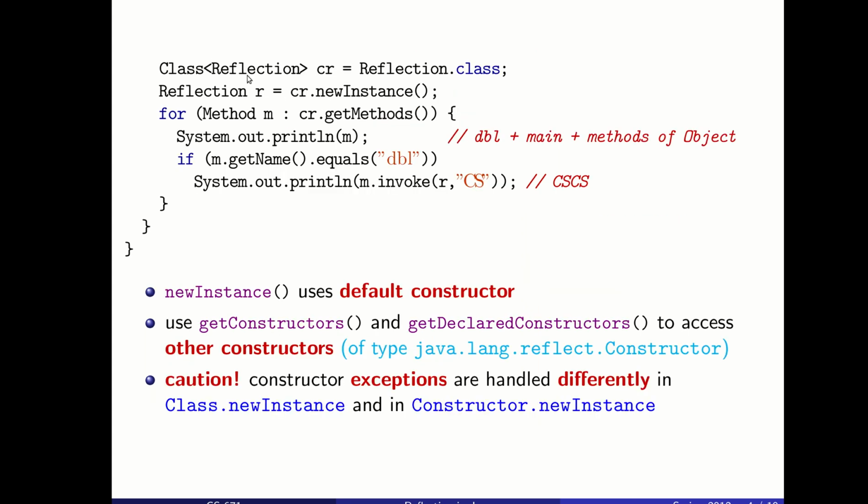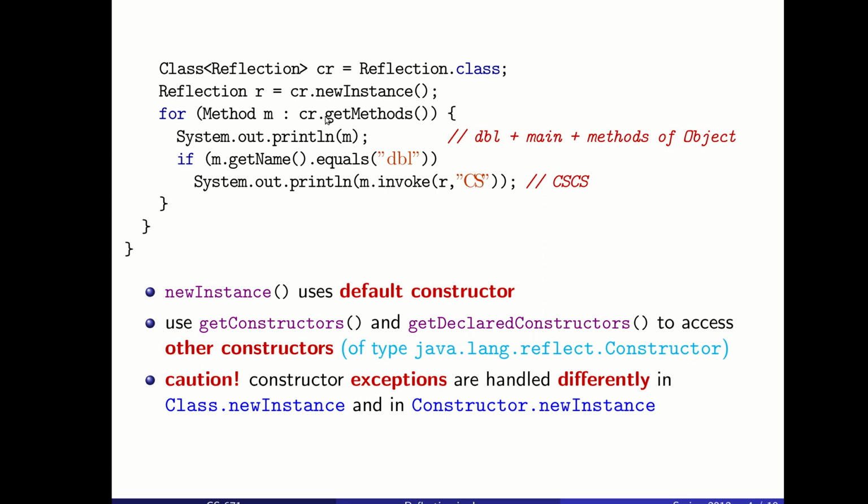So here we're messing with the class of our reflection class. So we take the reflection class, we call .class on it, and then we're able to do things like request a new instance of it. This will call the default constructor for the reflection class. So it's the same as saying new Reflection with empty parentheses.